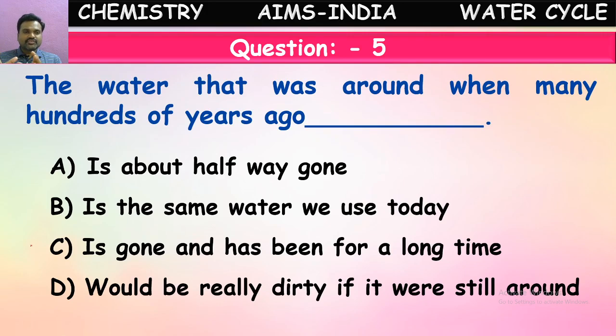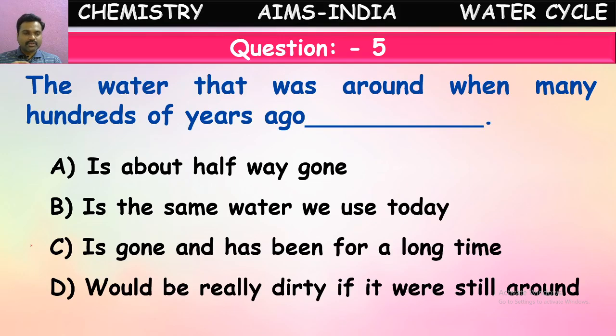Options are given. It is halfway gone: some of the water is gone literally. The second option is the same water which we are using nowadays: the water which was there a hundred years back, is it the same water we are using now? The third option is gone and has been for a long time.